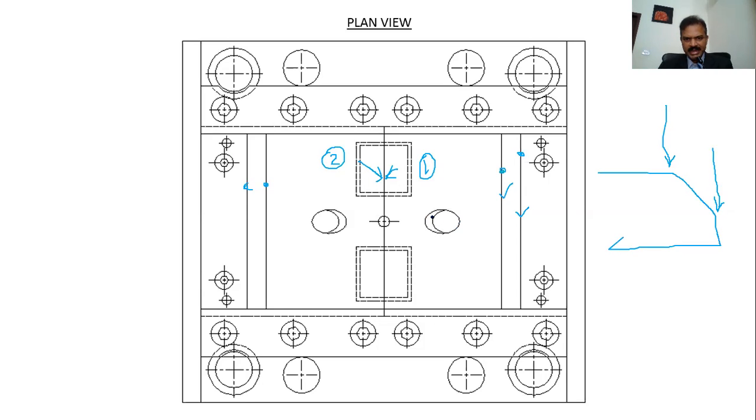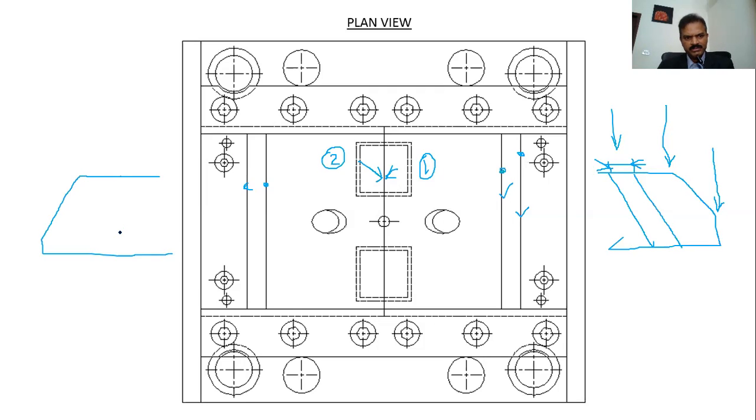Now this looks like an ellipse. Of course, it has to look like an ellipse because the hole is cut at an angle, right? You already learned that in your engineering drawing during your first year.